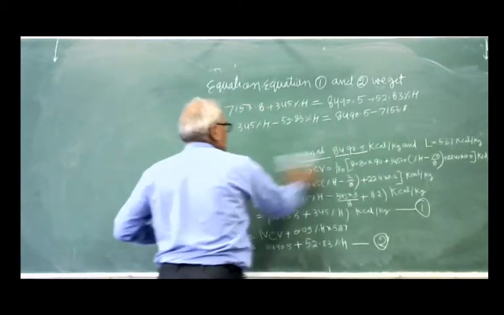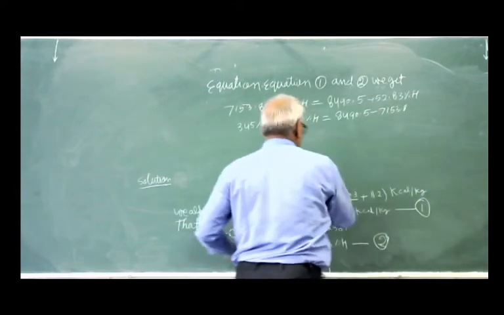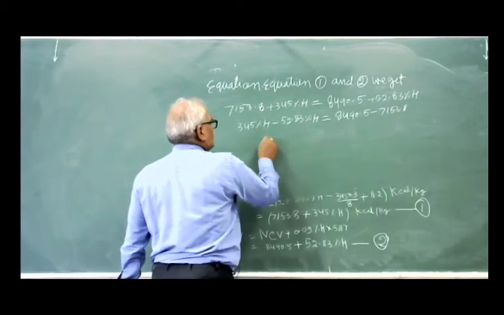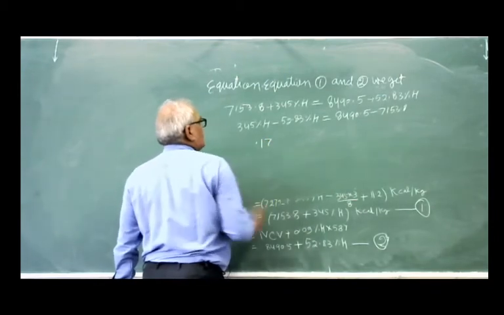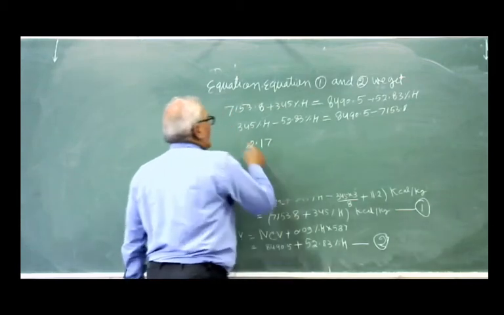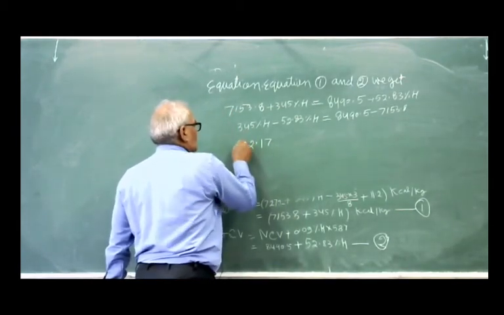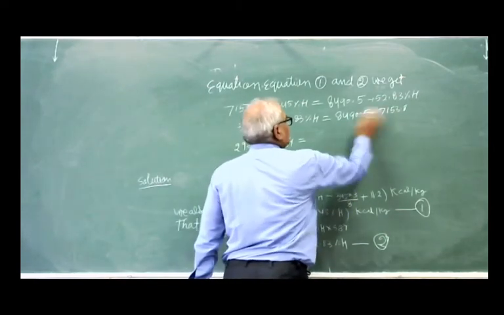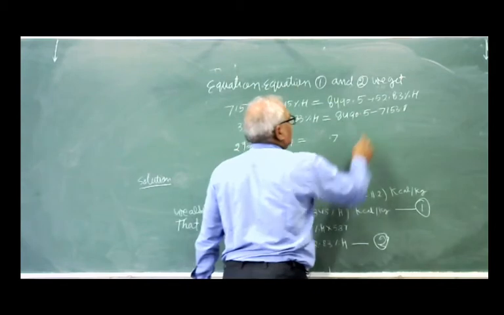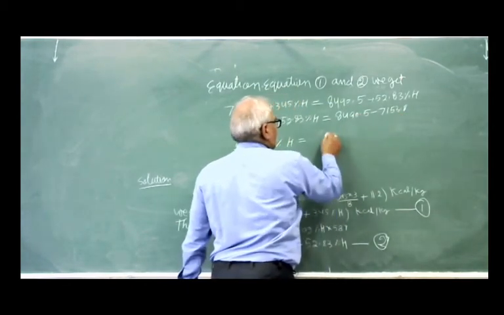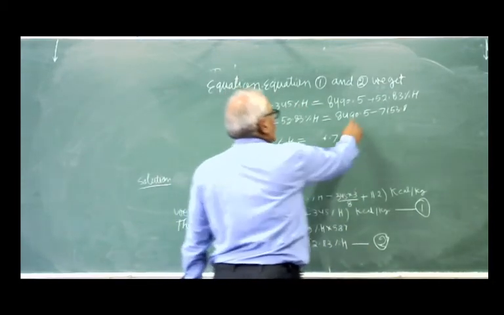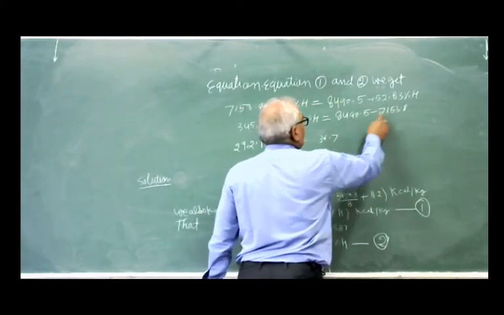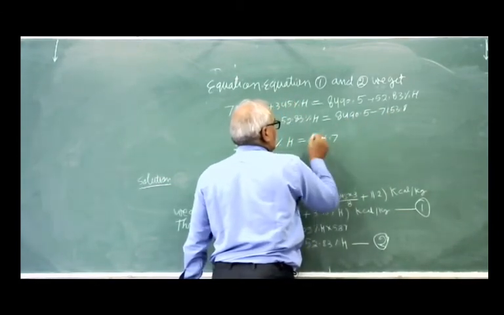So just see here. By subtracting here, you will get 292.17 percentage of hydrogen equal to 1336.7.